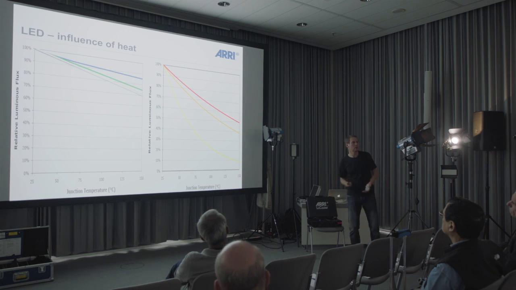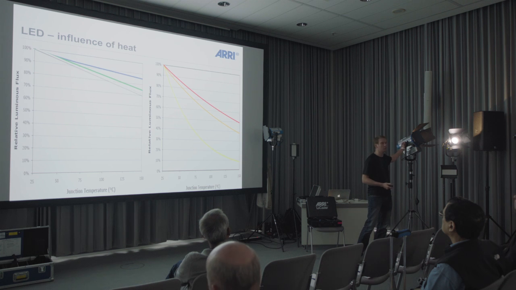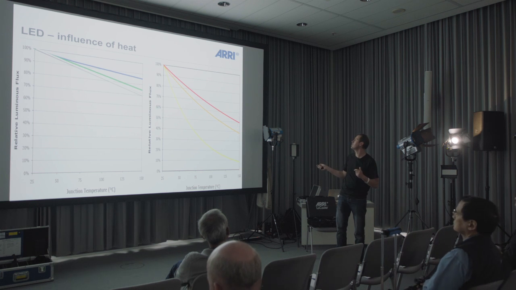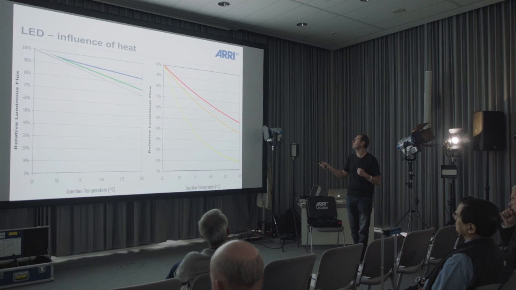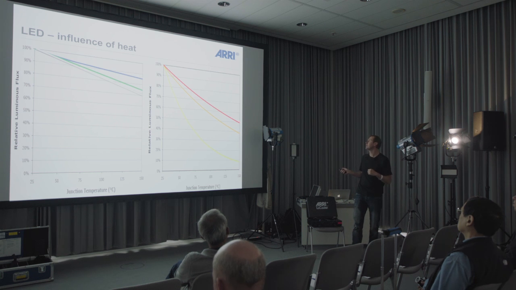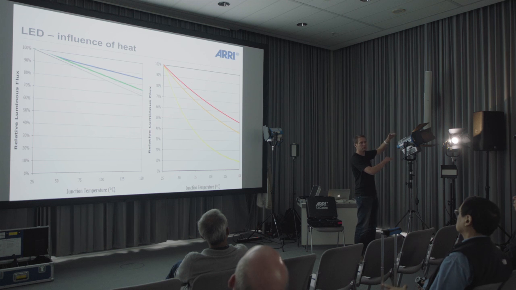And how we do that, of course, is we measure the temperature. All the time temperature is measured, and microprocessor controlled, we adjust for this degradation. So we always take care that we have the same output from all the LEDs. They always give us the same light. And this means, of course, that there must be enough headroom for the LEDs.